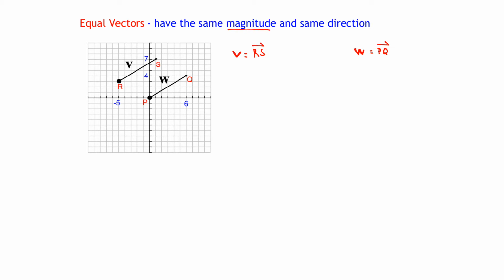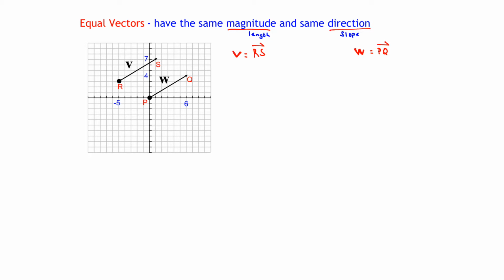So we'll use the distance formula to show that they have the same length, and then the same direction, which has to do with your slope. So we'll do slope for direction, and then magnitude, we will be looking at the length. So we will start by looking at the magnitude.